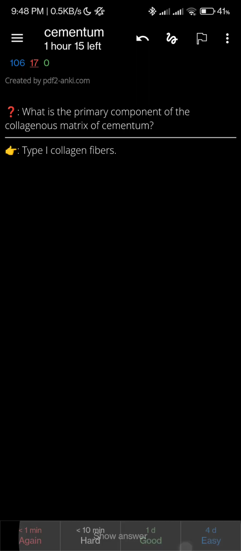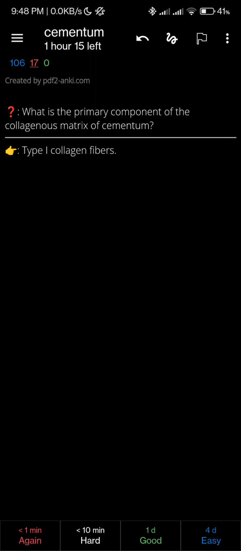It is type 1 collagen fibers. What are the trace elements found in cementum? We have iron, copper, potassium, magnesium, zinc, fluoride, sodium, silicon.